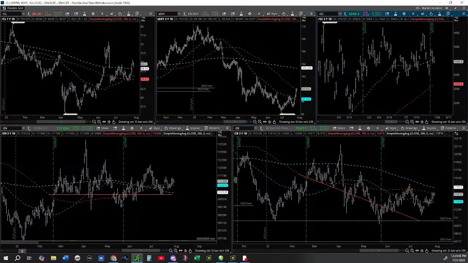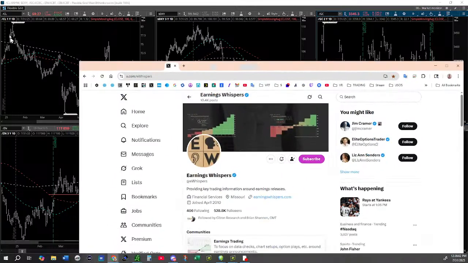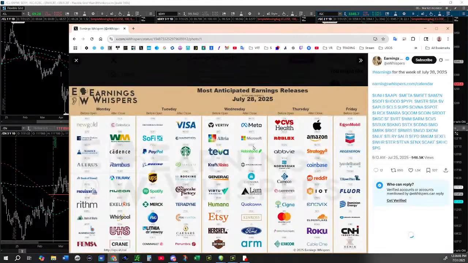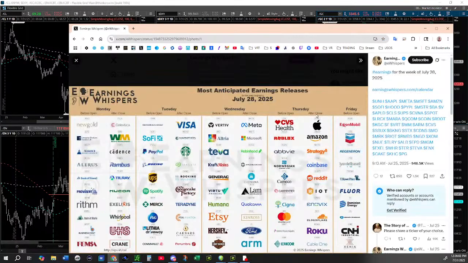Relative to earnings, what else do we have here? Today we have Amazon after the close.